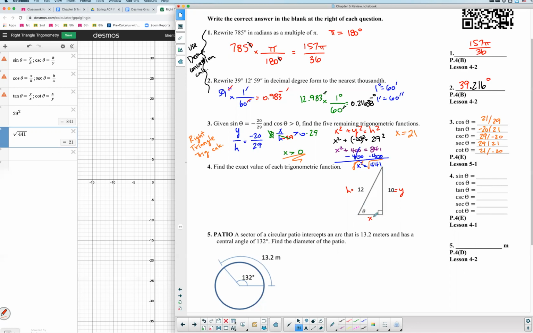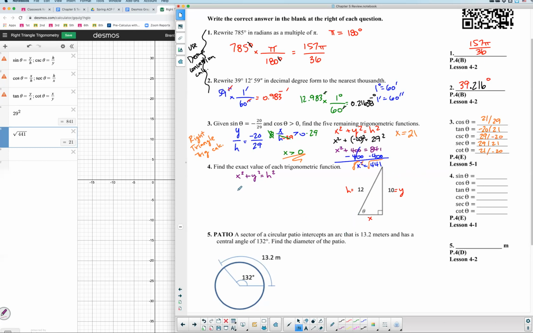So how would I solve for a missing side on a right triangle? That means a triangle with a right angle. What would I do to find the missing side length on a triangle? Pythagorean. I would use Pythagorean to solve.